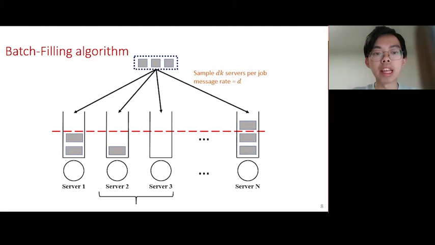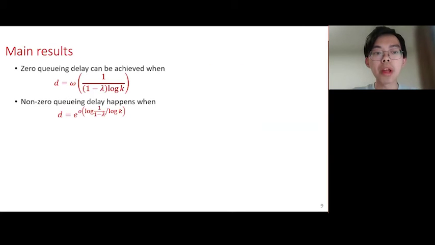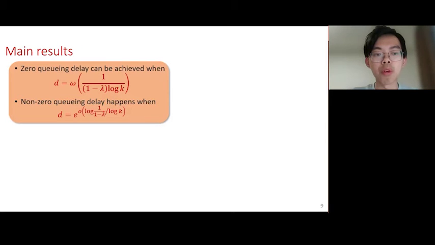What we want to study in this paper is how large the sample ratio D should be so that the batch filling algorithm can achieve asymptotic job level queuing delay. Our main results are as follows. We show that when the sample ratio D is at least 1/(1-λ) times log K, the job level queuing delay is asymptotically 0.